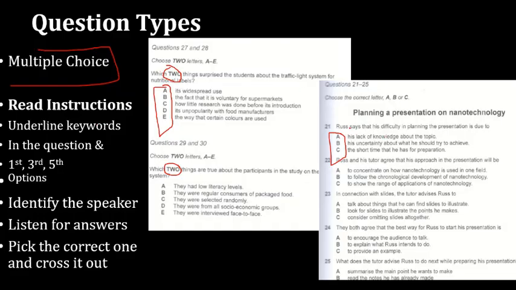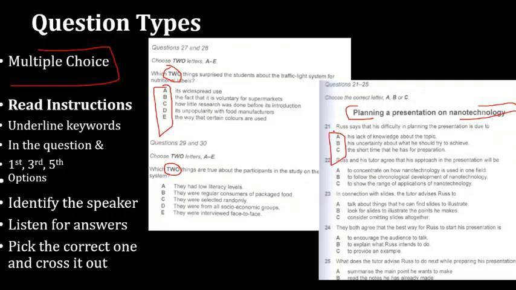As I said earlier, you have to identify who is speaking. And let's check out this: planning a presentation on nanotechnology. Nanotechnology is just a technology of the micro level, dealing with very small substances. And it seems someone is trying to present something on it.